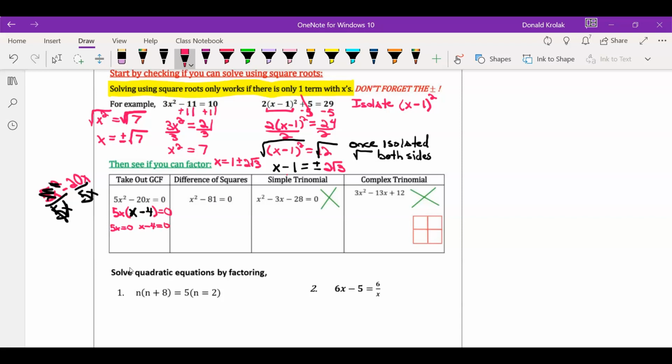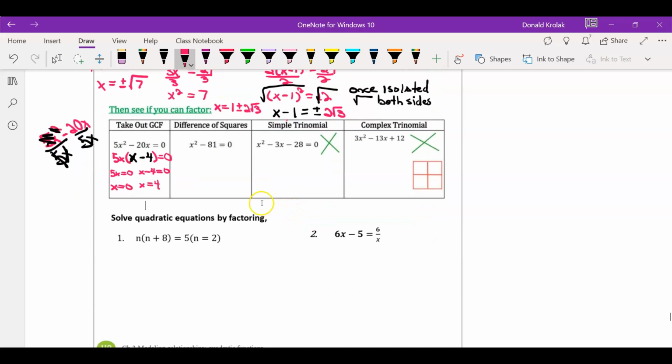Well, for 5x to be 0, x would have to be 0. And for x minus 4 to be 0, x would have to be 4. And those are the two solutions. Now remember, those solutions, guys, are the same as the x-intercepts. So if we were to draw this graph, it would go through 0 and it would go through 4.